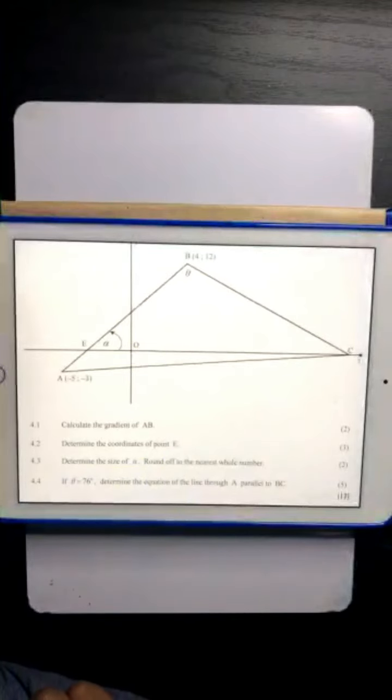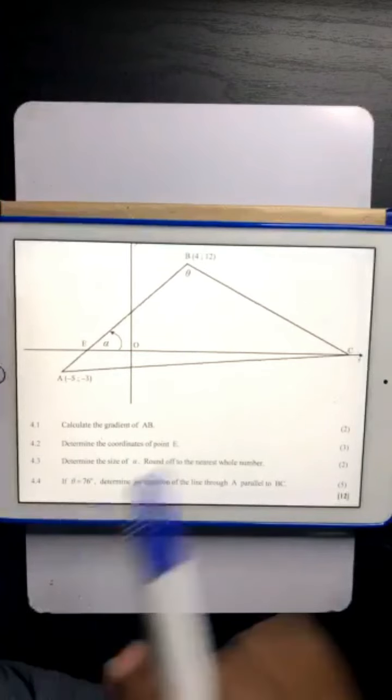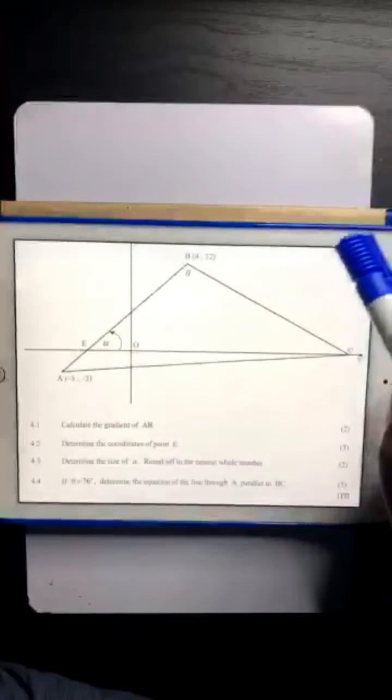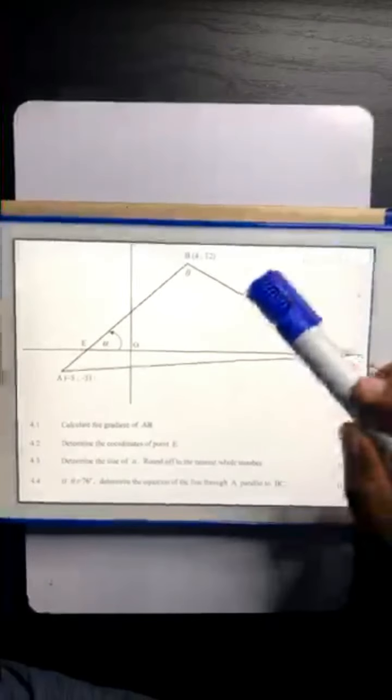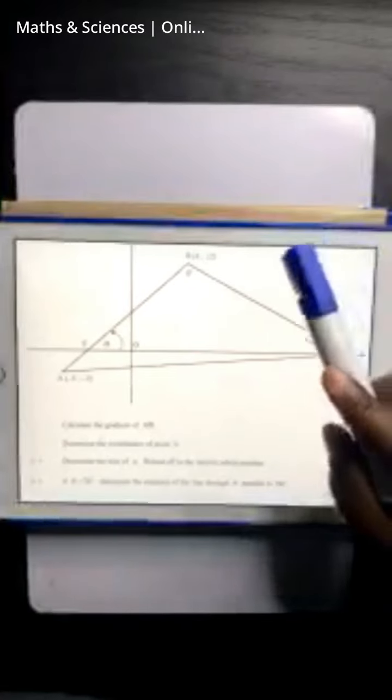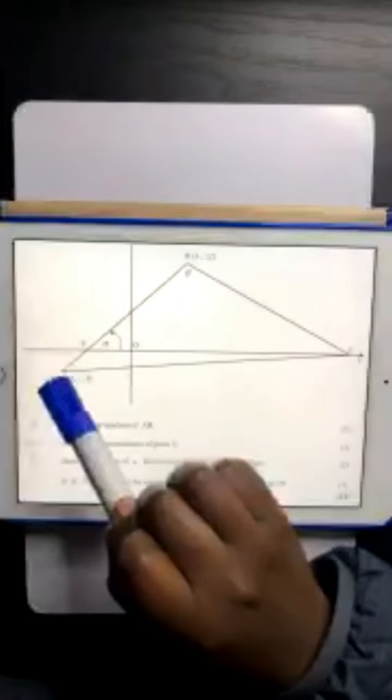4.2, determine the coordinates of point E. Very, very much important, ladies and gentlemen. This is where you need to be smart, guys. You can derive an answer based on the information that I've given to you. Because we know the gradient of that line already.